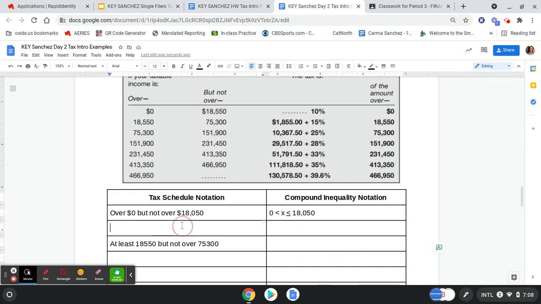And then we're going to model this with an inequality that matches the words. At least 18,550.